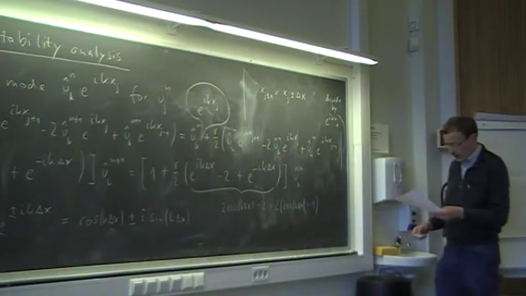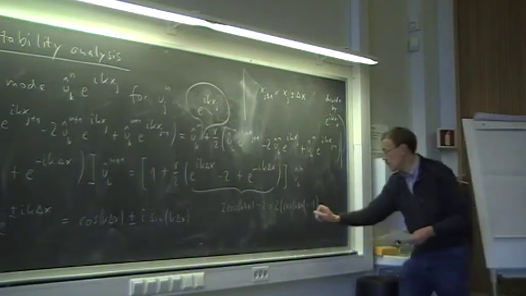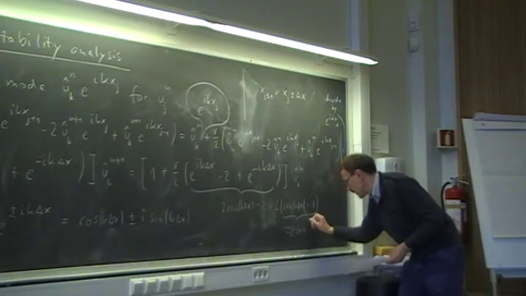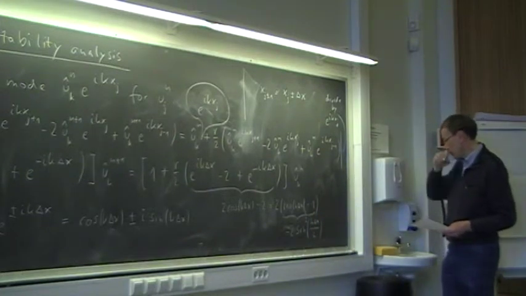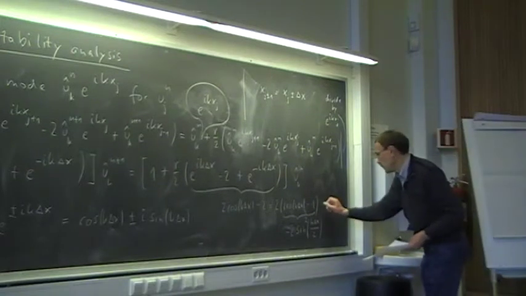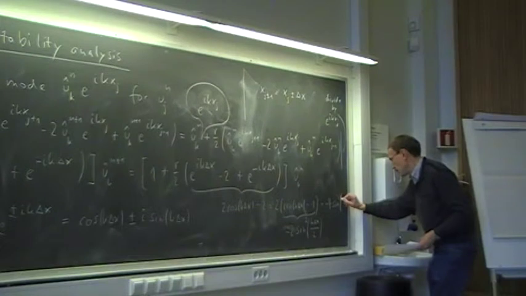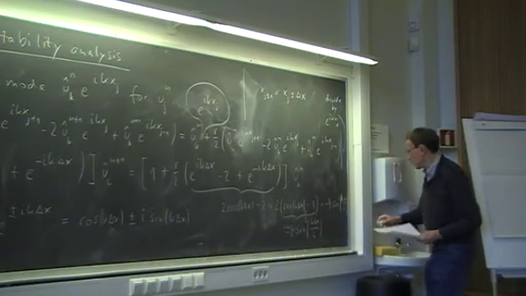And that, again, we can use a binomial formula to get as minus 2 sine squared of k delta x half. So that will make things even more compact. And in the end we get here a minus 4 sine squared of k delta x half.